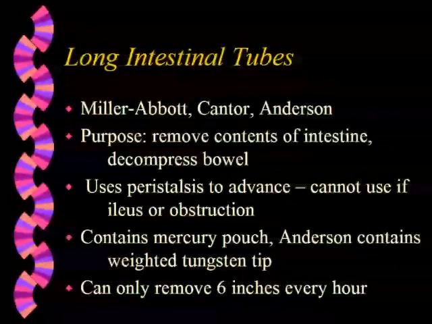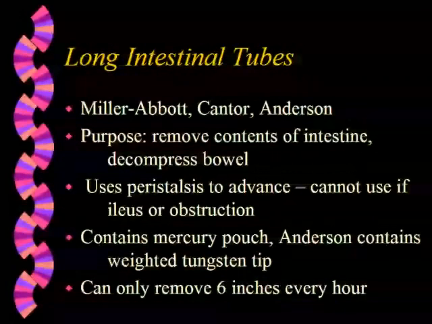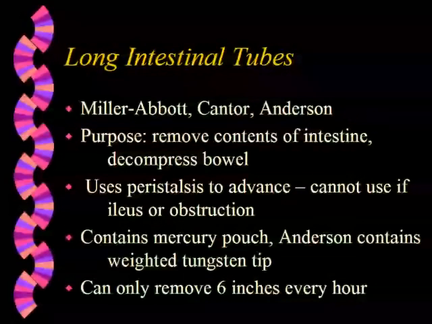Some long intestinal tubes that are used are your Miller-Abbott, your Cantor, and your Anderson. The Miller-Abbott and the Cantor use a mercury pouch, so they're not used as often. The Anderson uses a weighted tungsten tip, so it's used more often. Again, the purpose is to remove the contents of the intestine and to decompress the bowel.